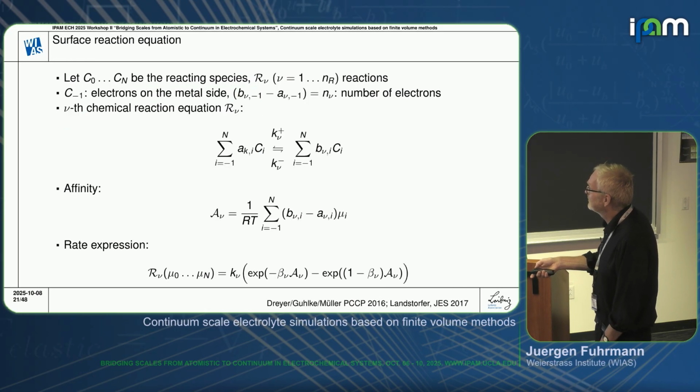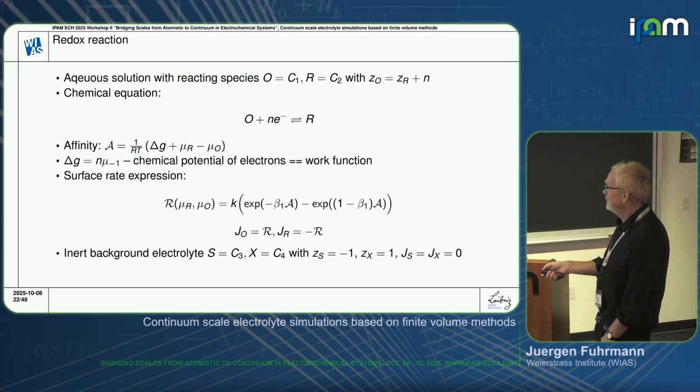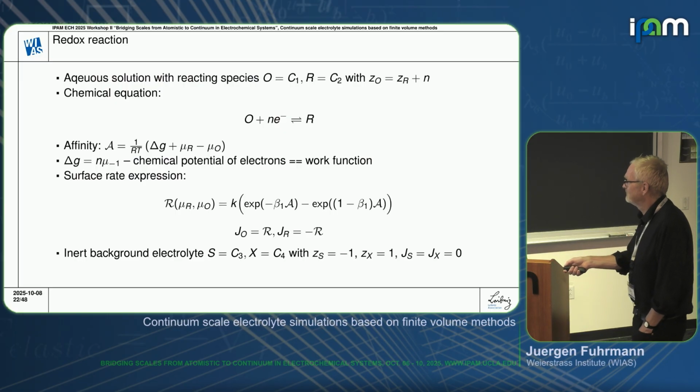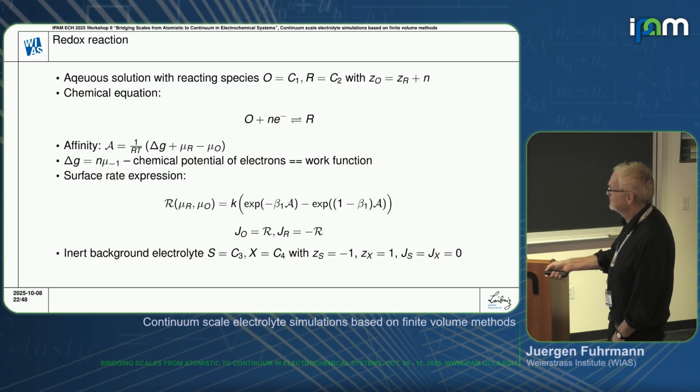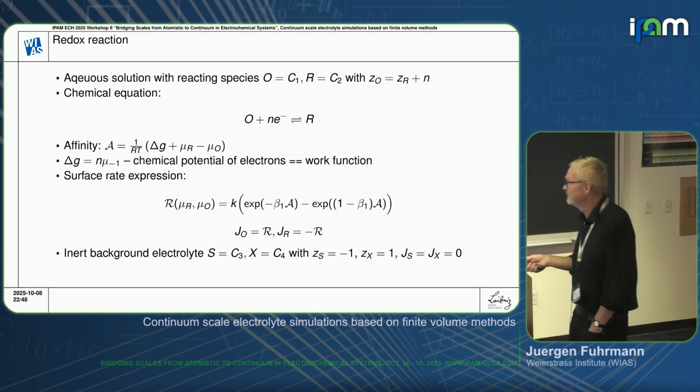So they take part in our reaction system as species number -1. And then we get the surface rate expression. And these would be the fluxes which occur in the boundary condition for our Nernst-Planck equations.